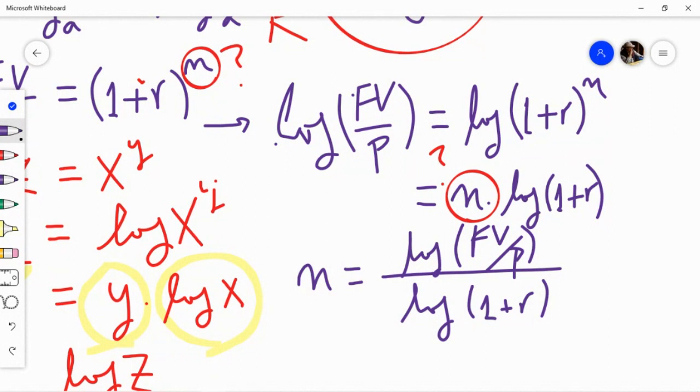But the thing is, what kind of log do we use? I mean, is it going to be common log? I said it's going to be natural log. But think about it.